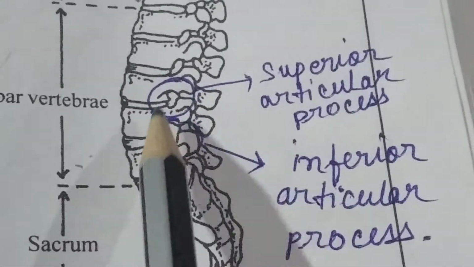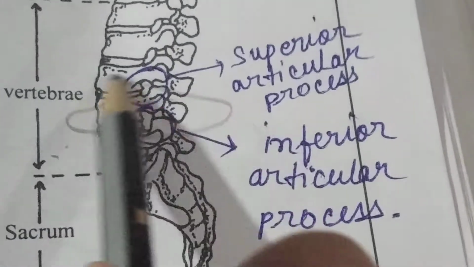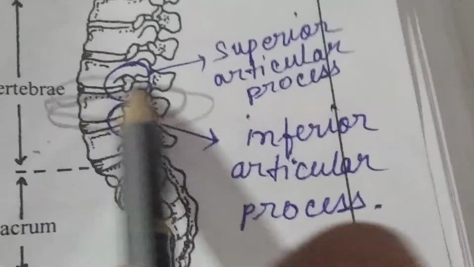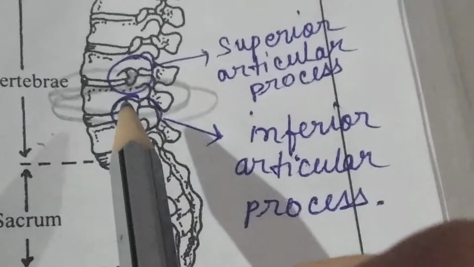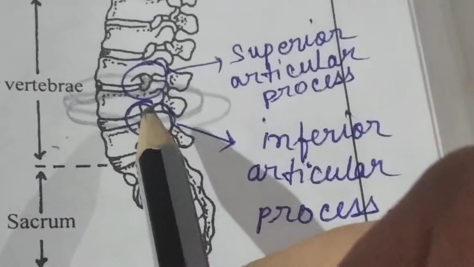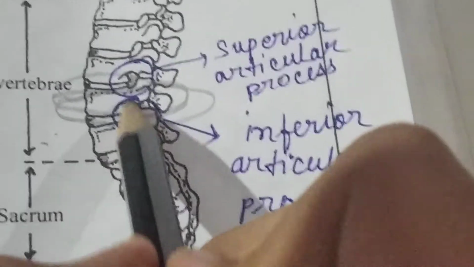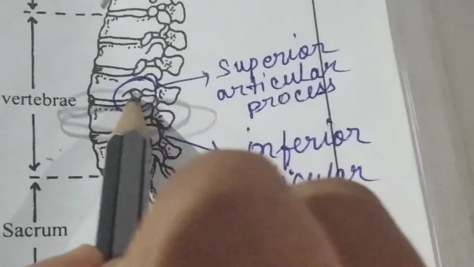This is one vertebra. This is the superior articular process, and this is the inferior articular process.